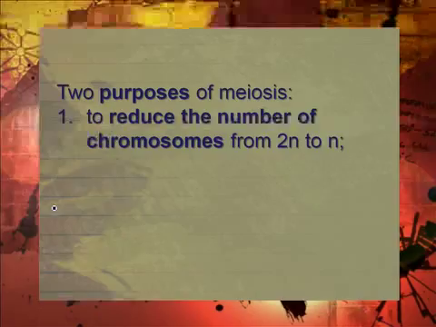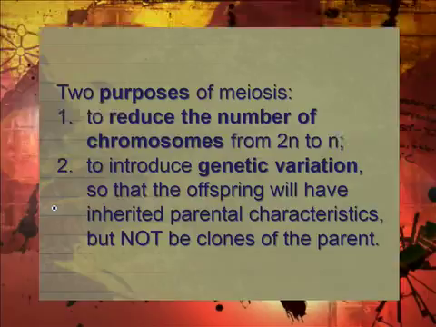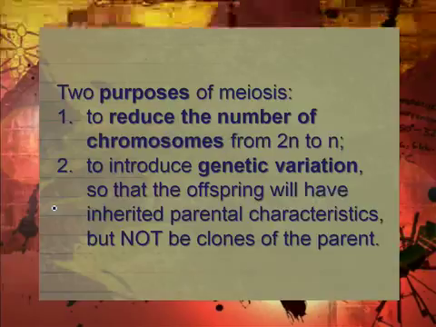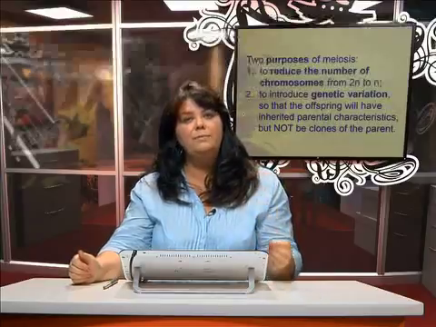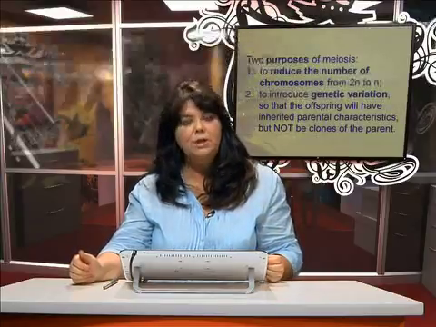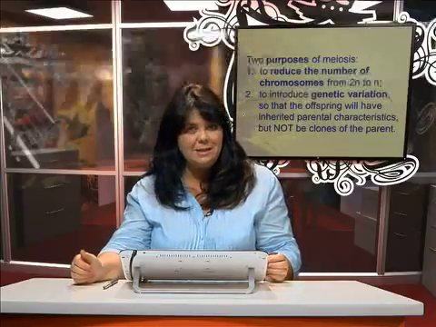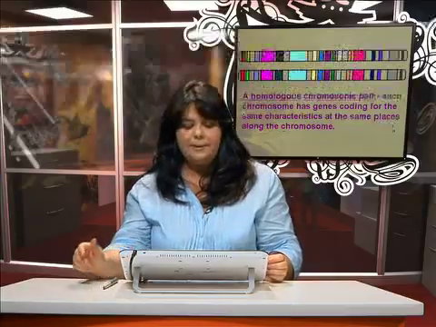That is the first purpose of meiosis, and it's also to bring about genetic variation. It's in the interests of the organism, for survival purposes, for them to have genetic variation, for them not to be identical to the parents.